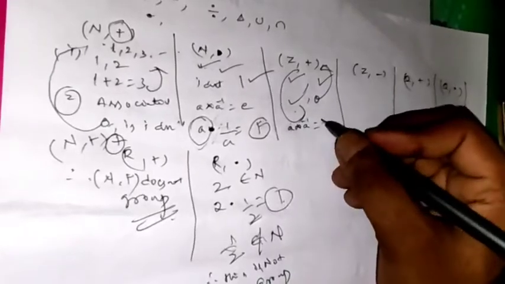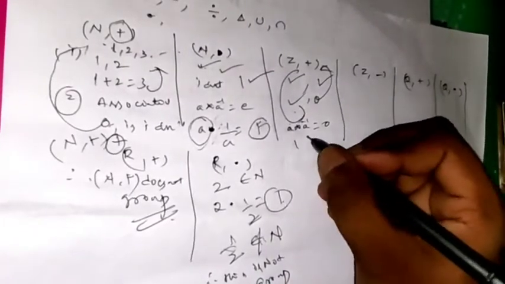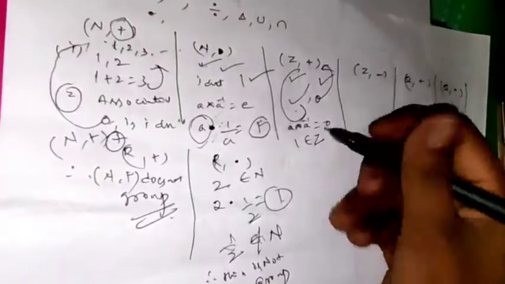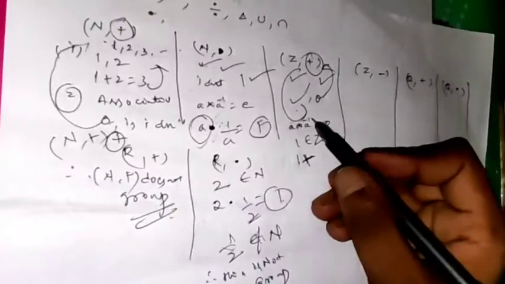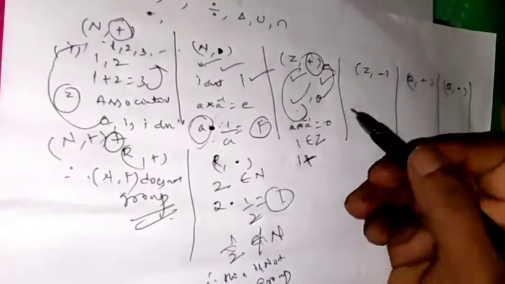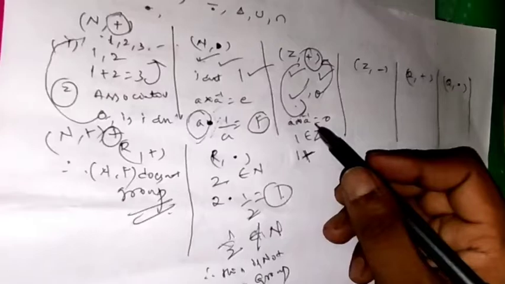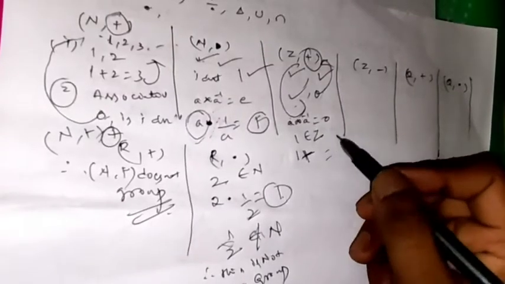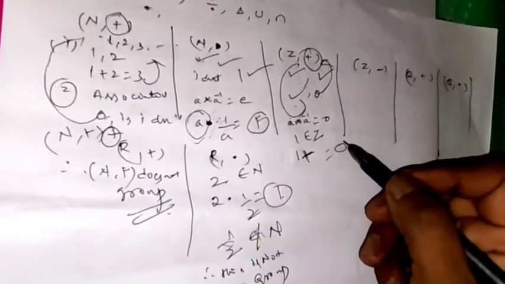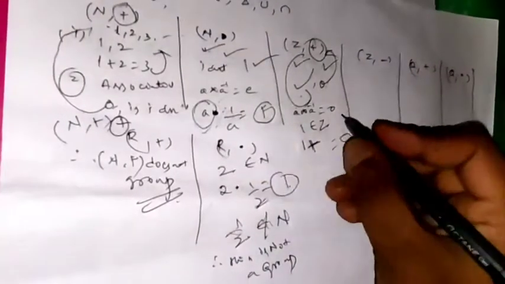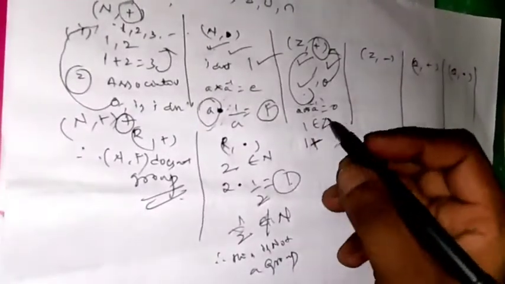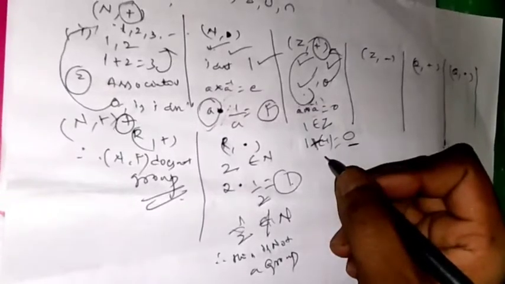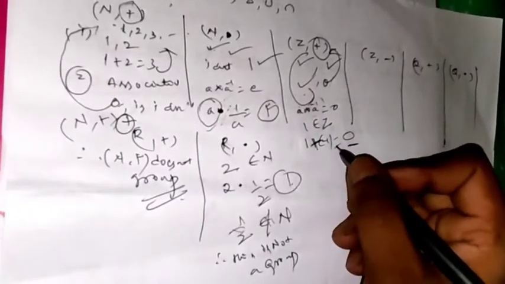Suppose we take any element. Suppose I take 1 belonging to our Z. I am taking the operation as plus. 1 plus what is the element we take? What is the inverse element we take here so that we get the identity element 0? That is minus 1 we take. Yes, plus 1 plus minus 1 we get 0.